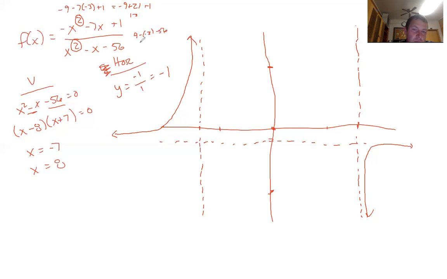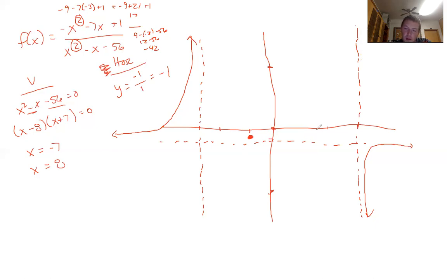So this would be 12 minus 56, which is really low, so -44. So it's 13 over -44, which is really close to 0, I guess. At -3, it's somewhere right here.